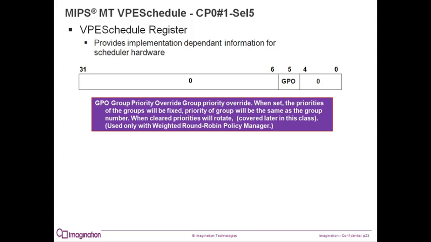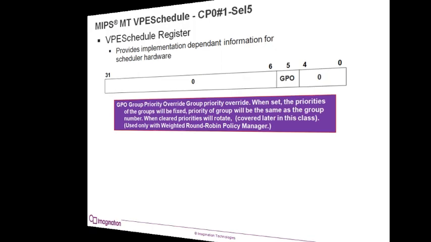There is an alternative policy manager for MIPS called weighted round-robin. This policy manager uses the VPE schedule register to control if it rotates priorities or uses a strict priority scheme. Our 34K implementation can use the policy manager designed by you and use this register as you see fit. There'll be more information on this topic in the policy manager section of this course.